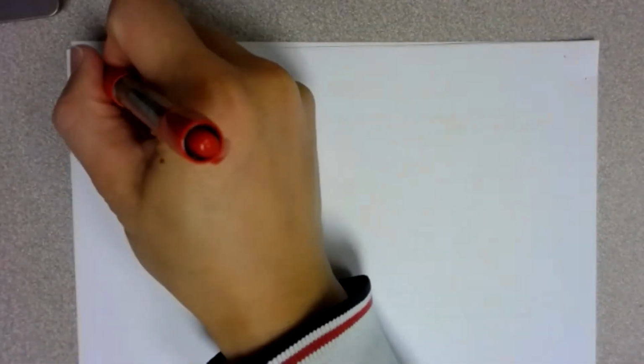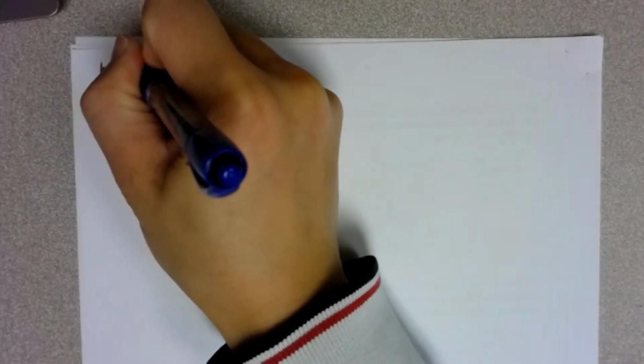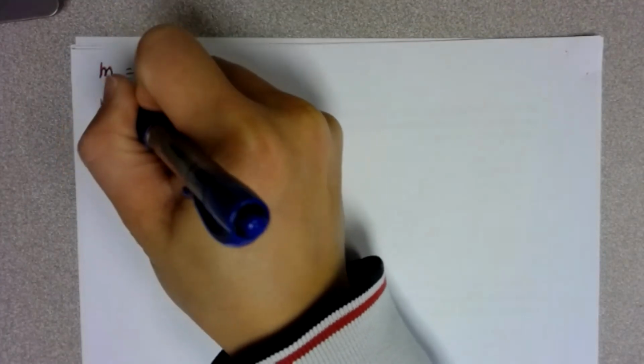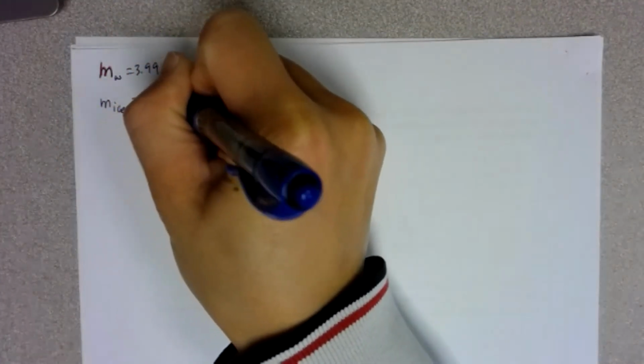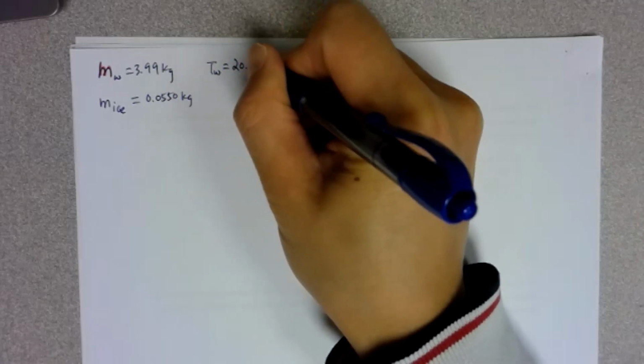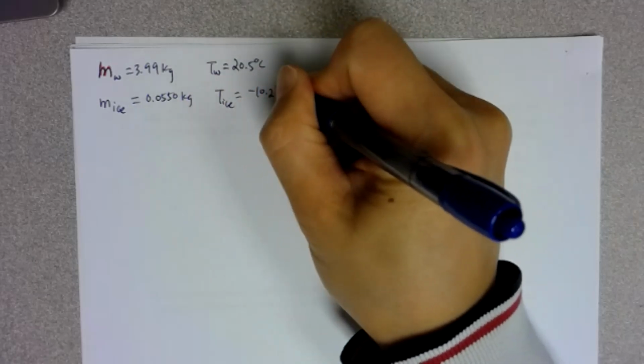Okay, so let's say now there's mass of water, M sub W, 3.99 kg, M of ice, 0.0550 kilogram. Temperature of water initially 20.5, temperature of ice initially minus 10.2 degrees Celsius.